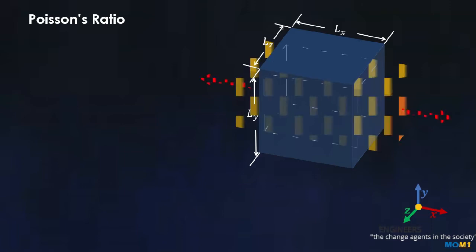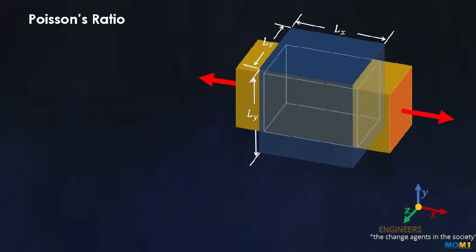Upon application of the tensile loading along the x-axis, there is elongation of delta x along the longitudinal axis, and this is represented as del x by 2. Since the elongation or deformation occurred on both of the sides, the deformation is shown only on one side. That is why it is del x by 2.